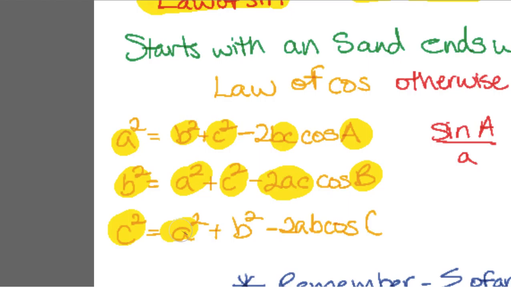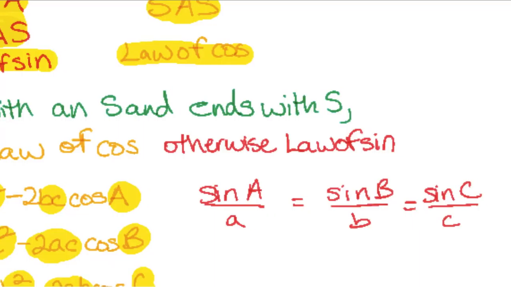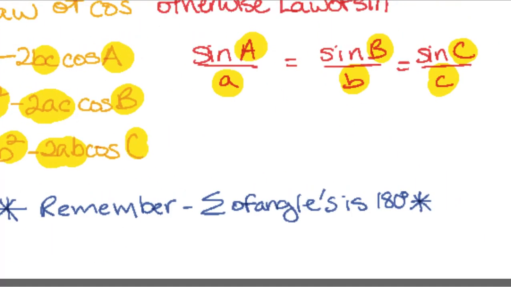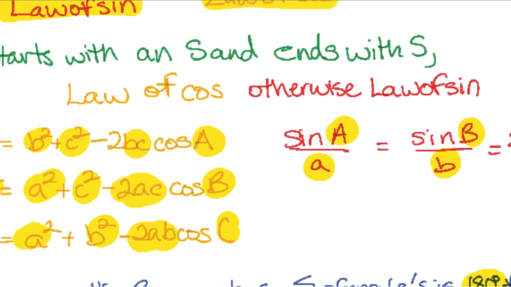Same thing for c squared. See the pattern? Hopefully you do. The law of sines is sine A over a, sine B over b, and sine C over c. And don't forget that the sum of the angles of a triangle always equals 180 degrees. With that information, you should be able to solve these law of sines and cosines problems.